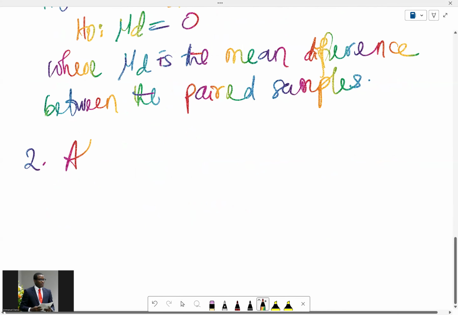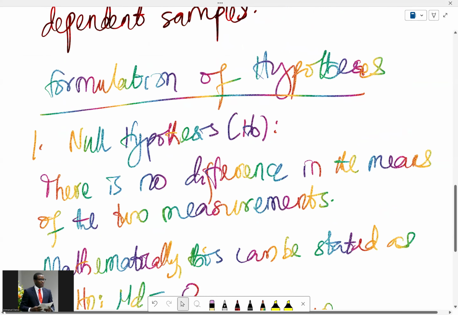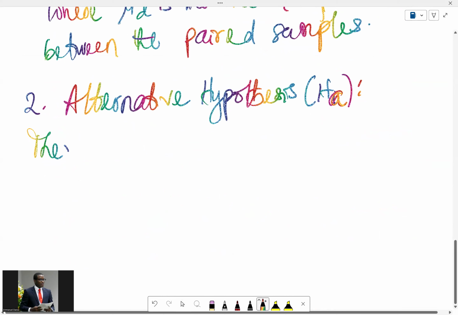Two, you have the alternative hypothesis, which you can call H1 or HA as you may choose. Let's call it HA in this case. HA will just be the negation of H naught.